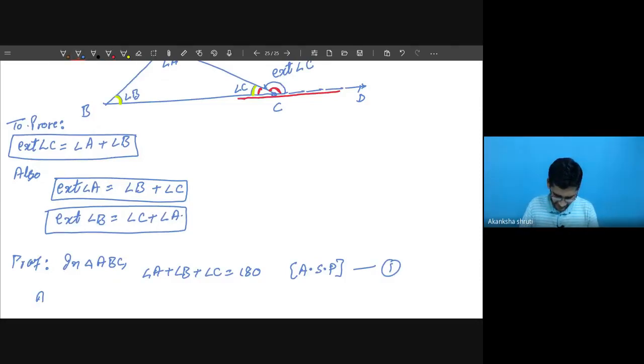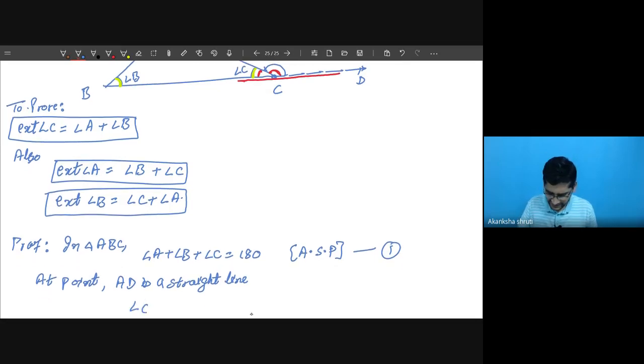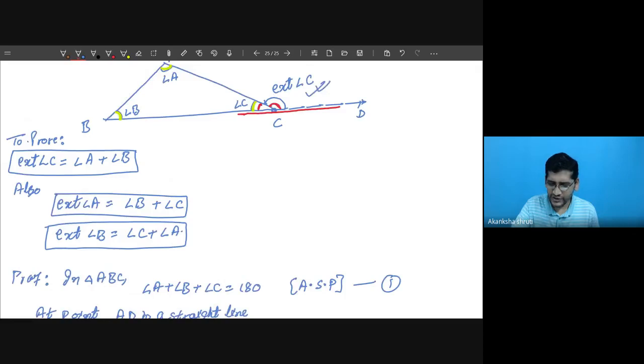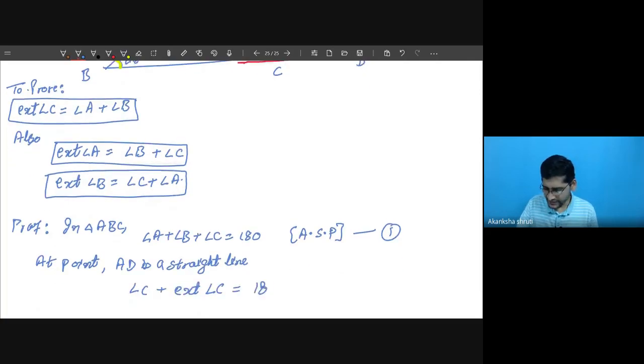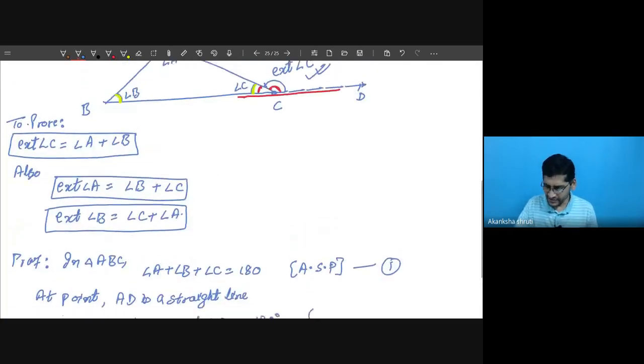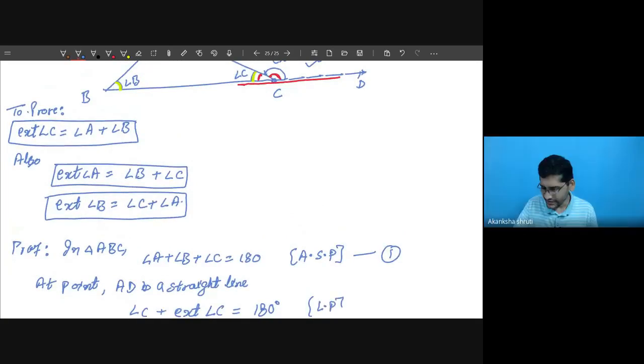So write at point C, this AD is a straight line. So while AD is a straight line, we can write angle C plus this one, the outer one, which is denoted as exterior angle C, is how much? 180 degrees. Again, why? Because it is a linear pair or a straight angle.